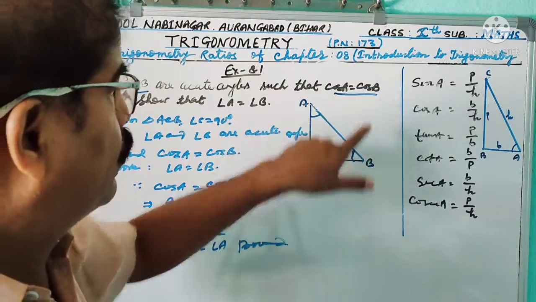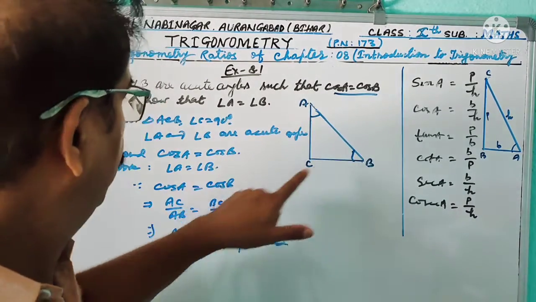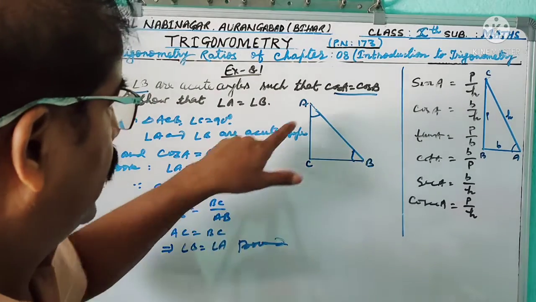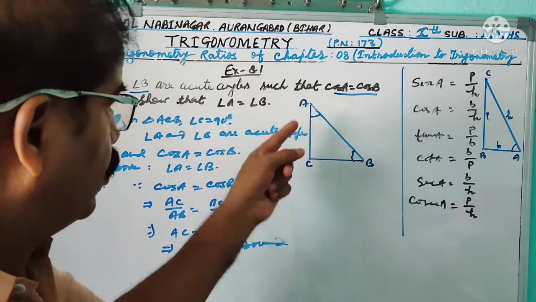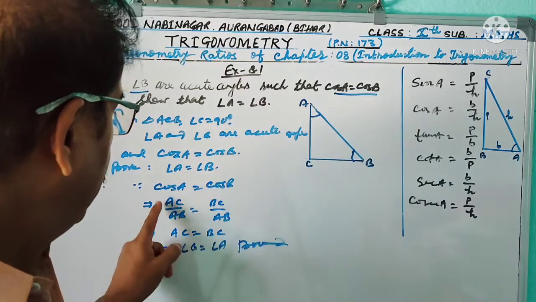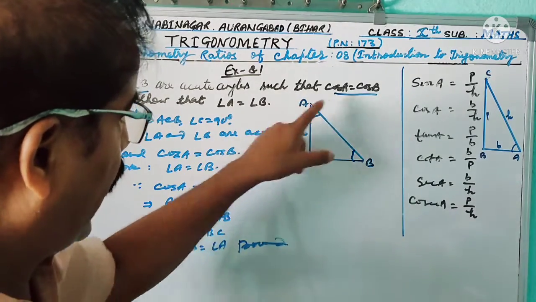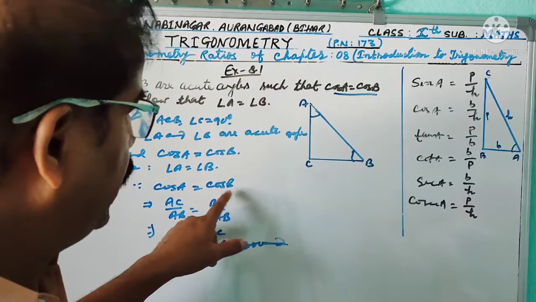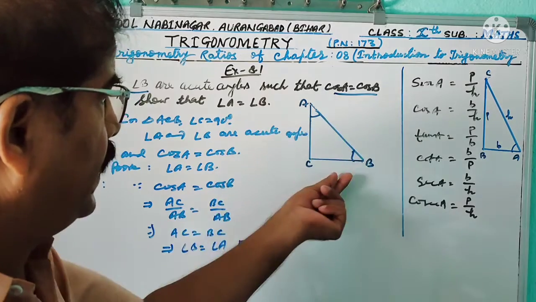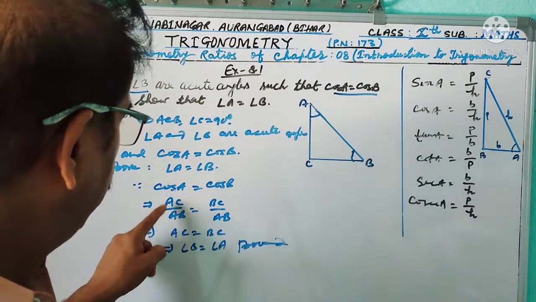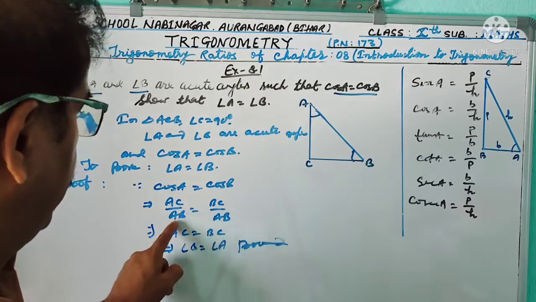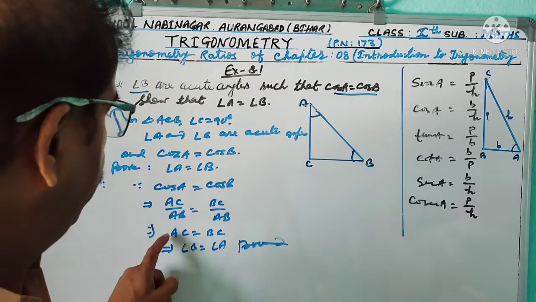Dear friends, given that cos A equal to cos B and cos A equal to AC by AB, base by hypotenuse, and cos B equal to base by hypotenuse. So AC by AB equal to BC by AB. AB cancel, so AC equal to BC.